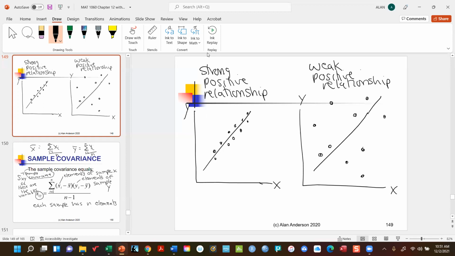So you can have positive relationships that vary in strength from very strong to very weak. And so the covariance measure helps us identify which is which. So this one will have a very high covariance, or I should say a high positive covariance. And this one will have a very low, but still positive covariance.